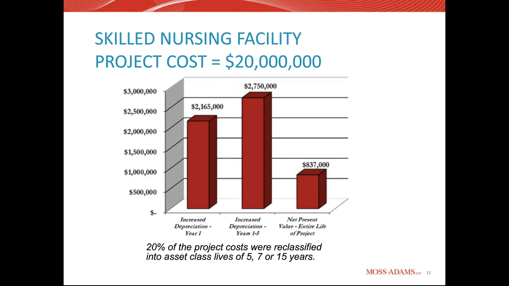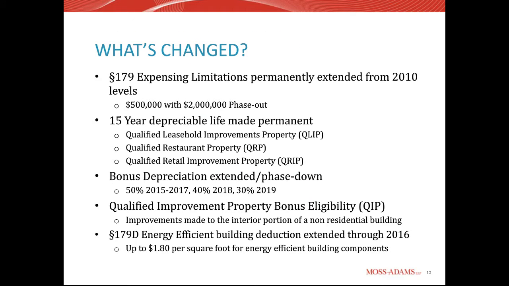So moving on to the actual PATH Act and what's changed there, there's a number of pretty exciting things that changed as a result of the new PATH Act. Rob mentioned the 179 expensing limitations were permanently extended from the 2010 levels.